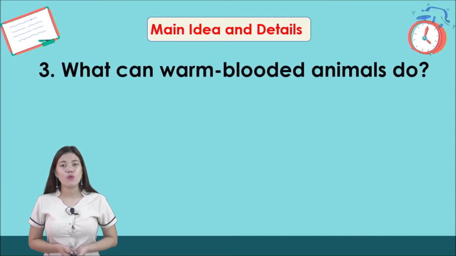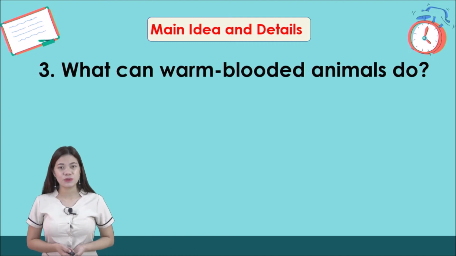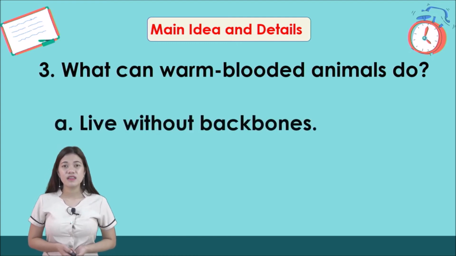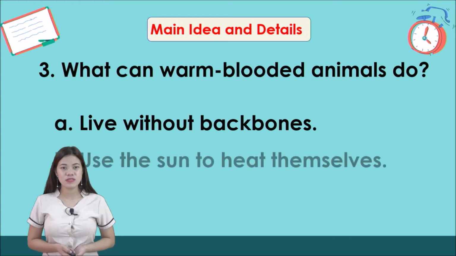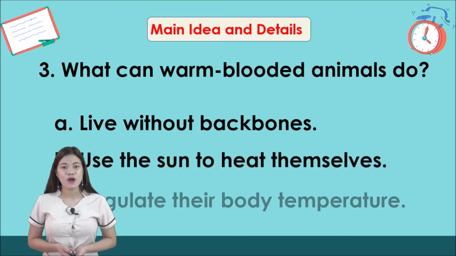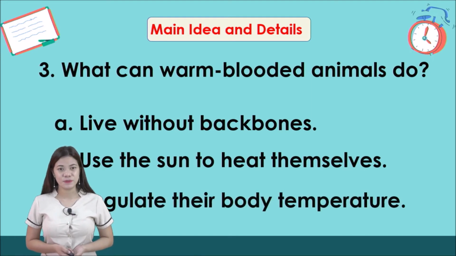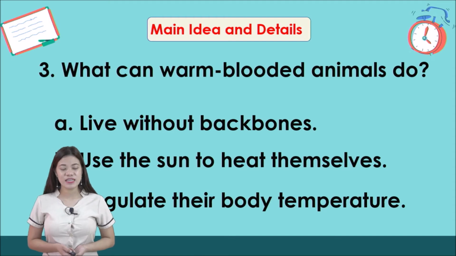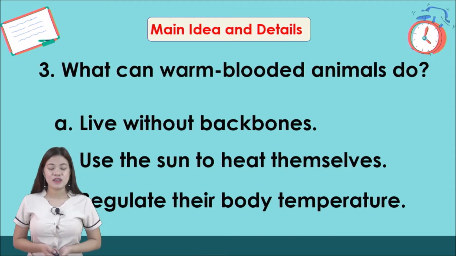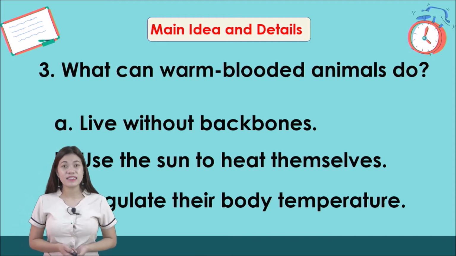What can warm-blooded animals do? A. Live without backbones. B. Use the sun to heat themselves. Or letter C. Regulate their body temperature. The answer is letter C. Regulate their body temperature.